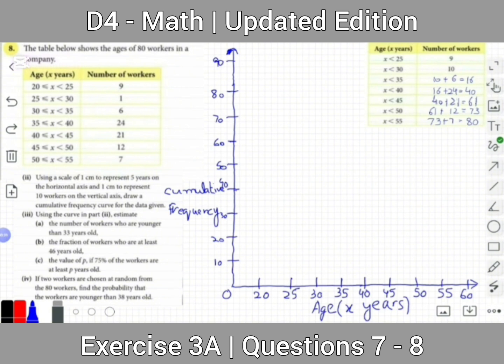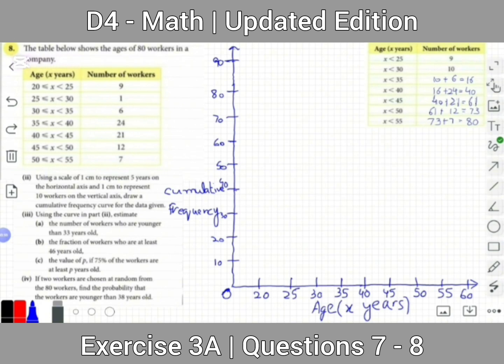Now we will use the cumulative frequency table to draw the cumulative frequency curve. So now it is given in the question that 1 centimeter represents 5 years on the horizontal axis.